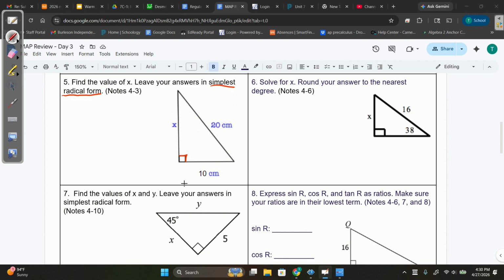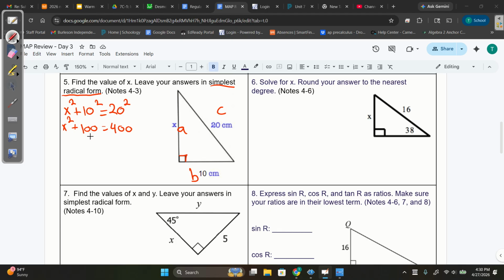We've got a right triangle, so it's Pythagorean theorem, with A, B, and C being there. So I'll say that A squared plus B squared equals C squared. 10 squared is 100. 20 squared is 400.